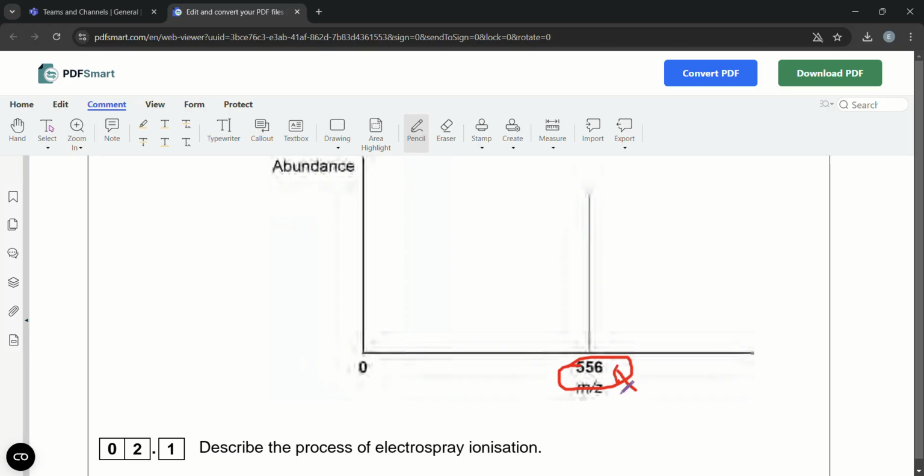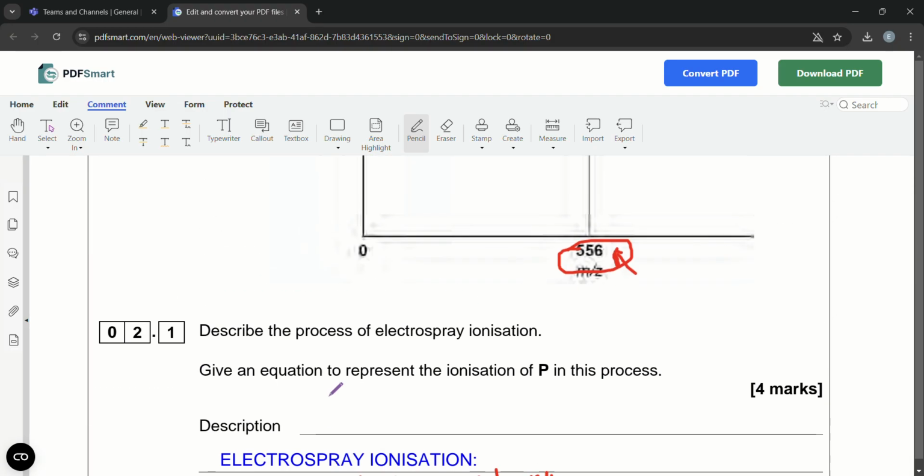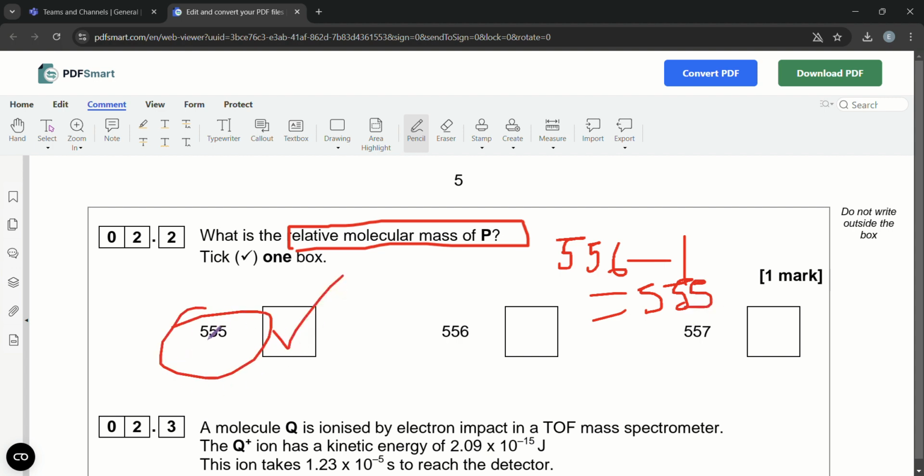Therefore, to find the relative molecular mass of P, not the ionized form, it's just this value minus the proton, so 556 minus 1, 555. So the answer is 555.